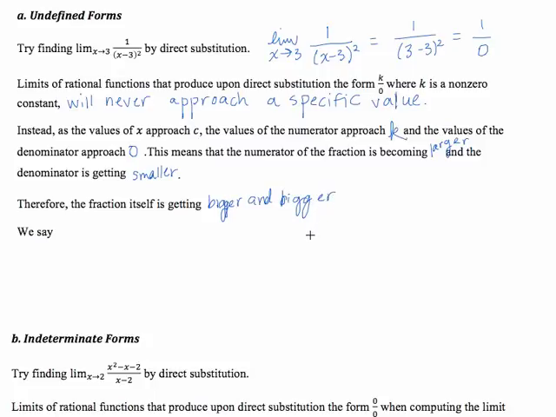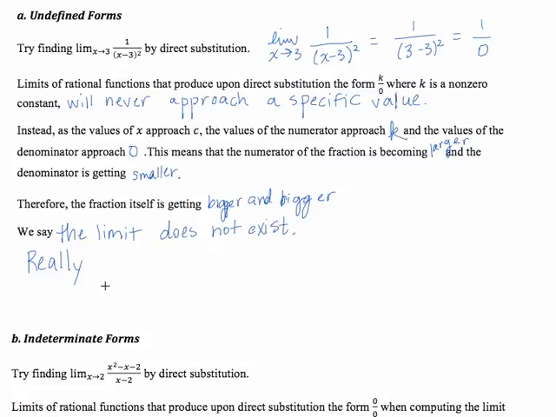So when this happens, we say that the limit technically does not exist. However, usually what this means is that your limit is approaching positive or negative infinity. The value of the fraction is getting really, really big.